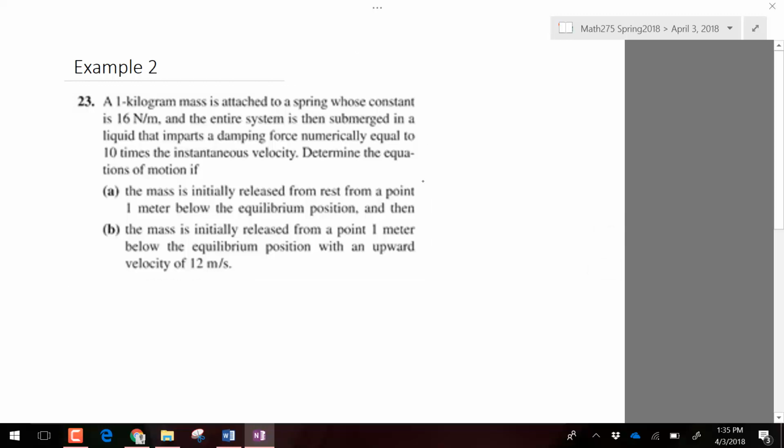So it looks like we have some information here. We have a 1 kilogram mass, so m is equal to 1. We have the spring constant given to us as 16. And we have a damping force numerically equal to 10 times the instantaneous velocity, so the damping force is given by beta.